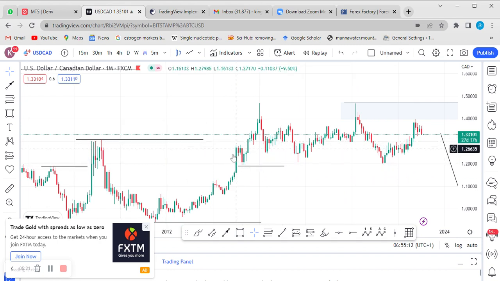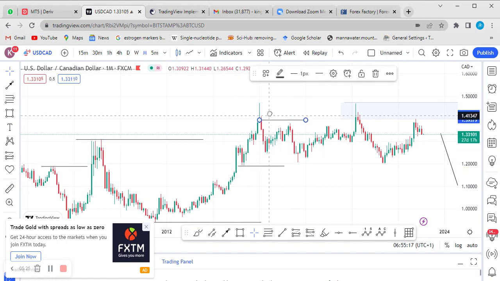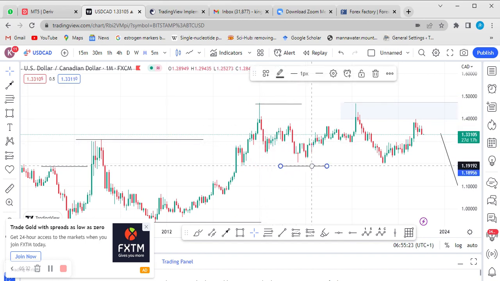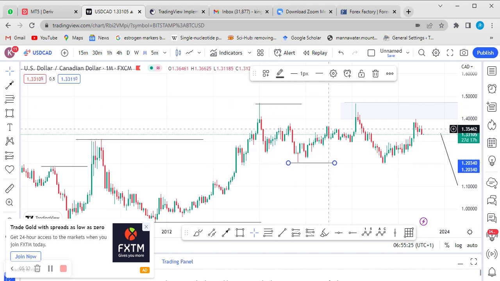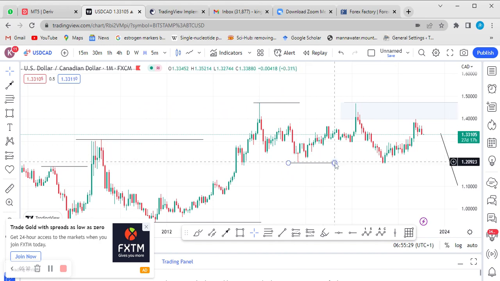All right. So we had a low here and we had a break of structure here. So we have a new high and we have a new low. And what do we see happen?